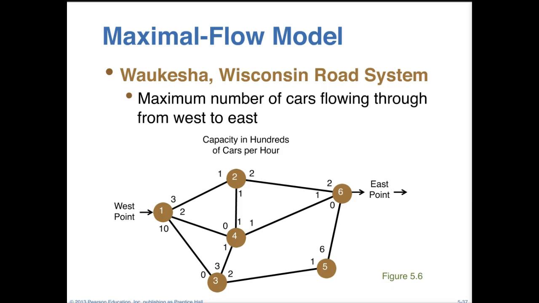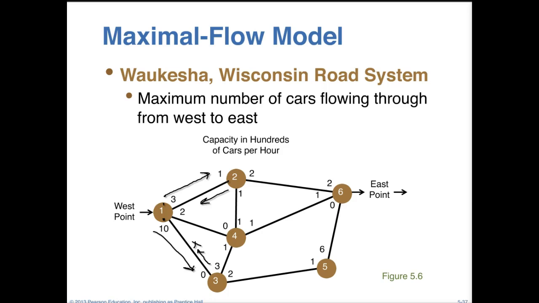So, for instance, if we're going from node 1 to node 2, then we've got 300 cars that can go that way, but only 100 cars that can go this way. And if we're going from 1 to 3, 1,000 cars can go that way, but no cars can go this way, which means this is a one-way street.